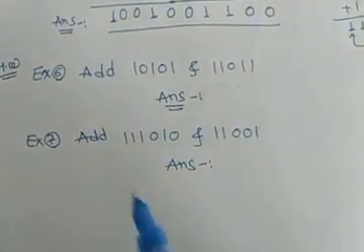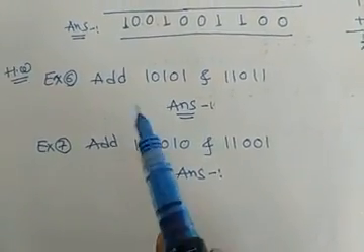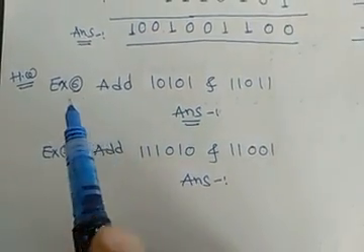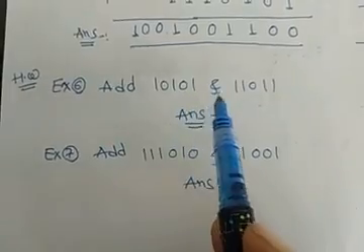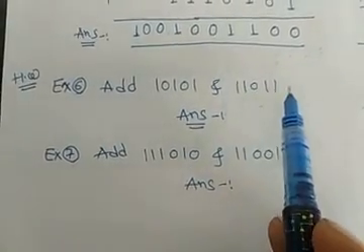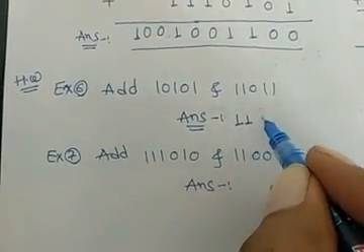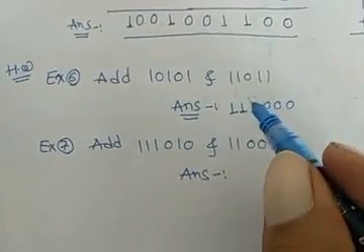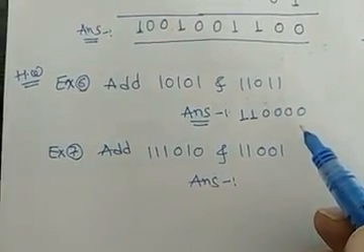Now these two examples are for your homework, or you may pause this video and solve this. In that, the first example is add 10101 and 11011, which has the answer 110000. Please solve it and check whether you have solved it correctly or not.